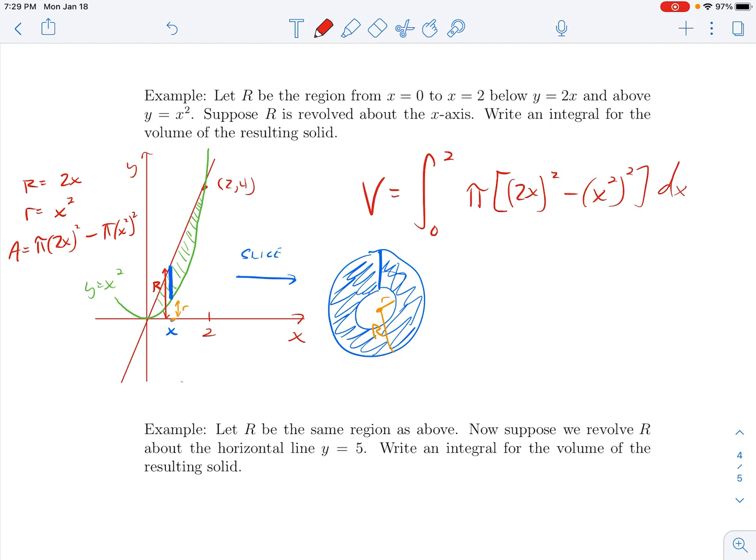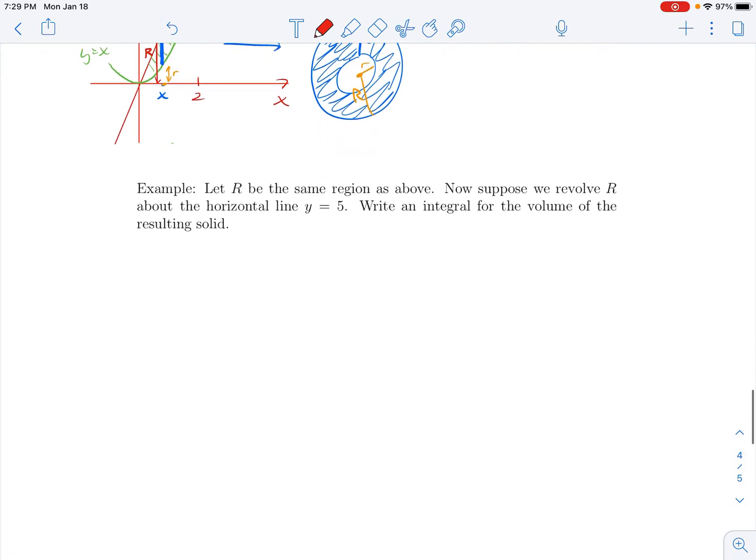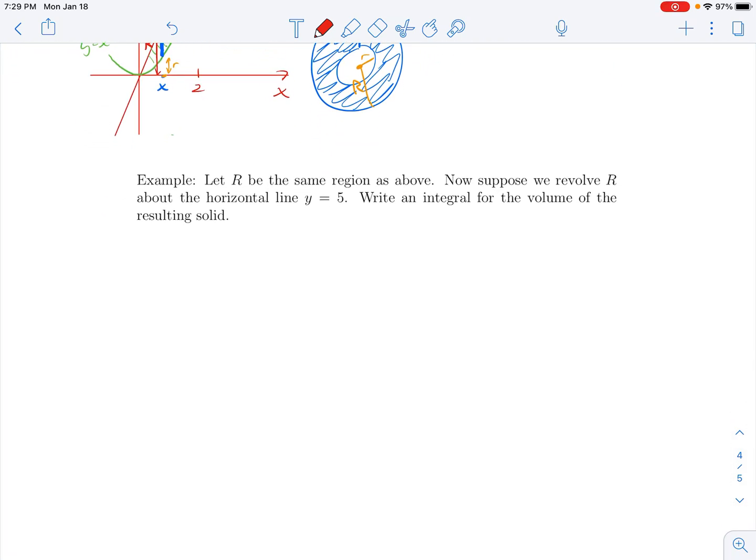All right, let's look at another one. Suppose R is the same region above. Now, what if we revolve it about the horizontal line y equals 5? What would that be? So I'm going to redraw the picture just for simplicity. I'm going to draw it a little bit bigger.